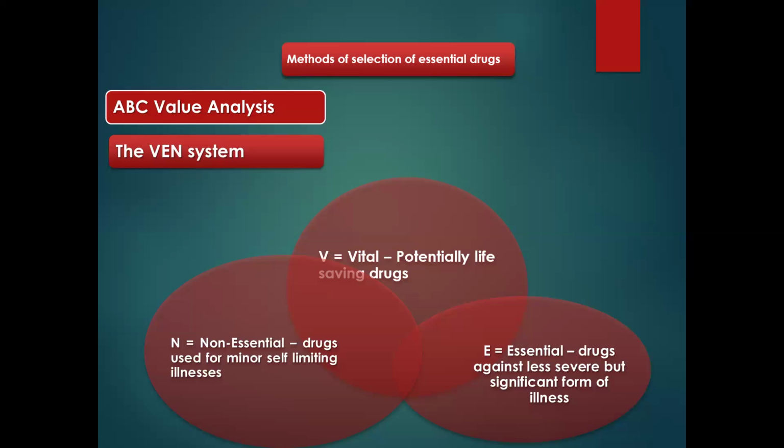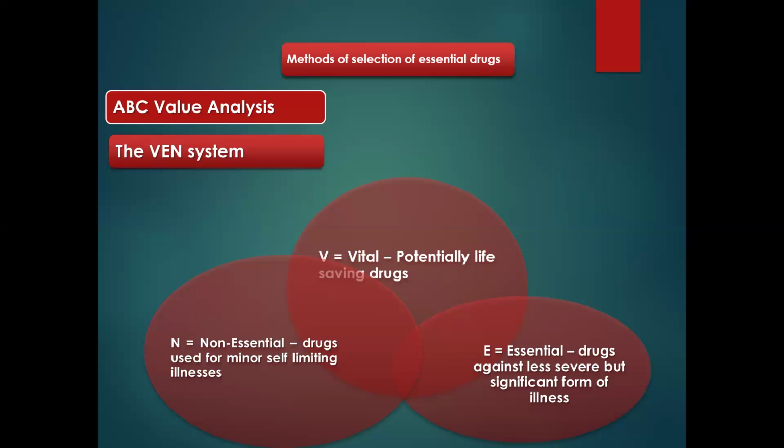Then the next category is essential. Essential drugs are those that are necessary for treating basic health problems and maintaining health in the population. These drugs are used for treating less severe conditions that may not be life-threatening, but if not treated, can lead to serious complications.